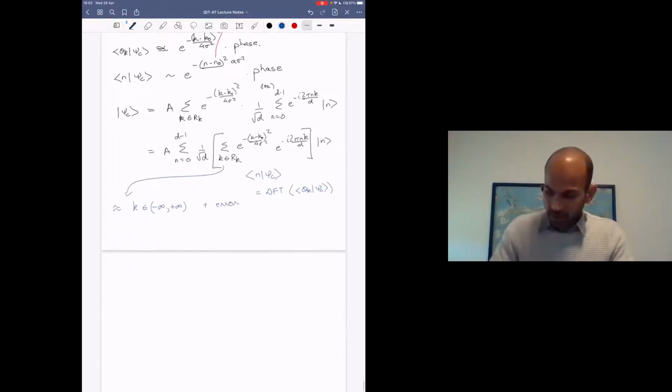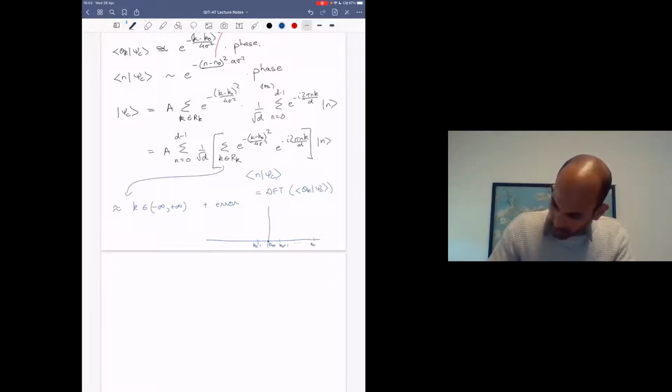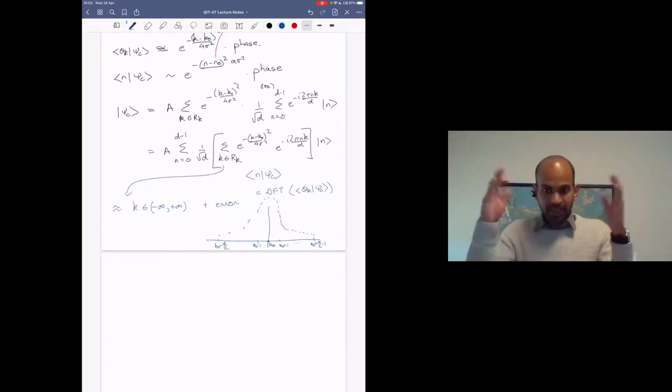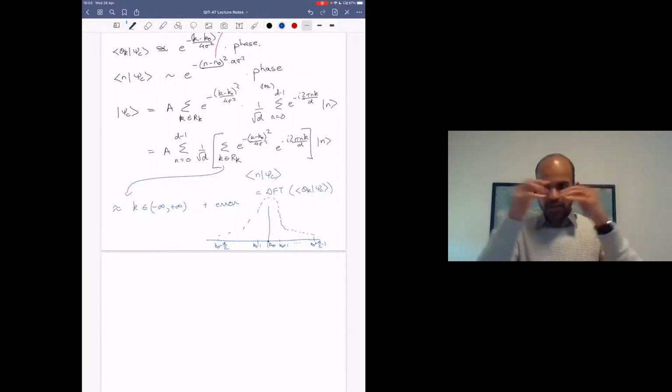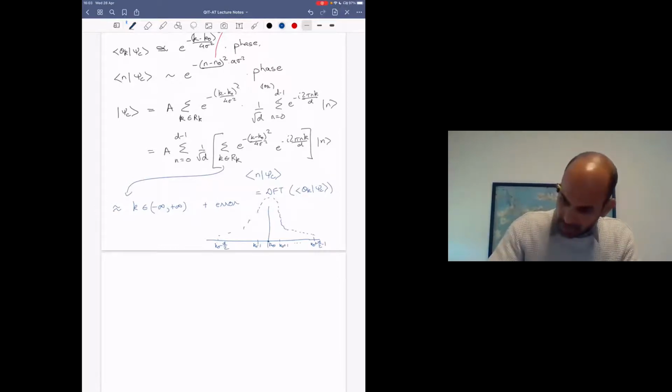And the reason that this error is small is, remember, this is a Gaussian function. So if I were to plot this, with k naught minus 1, k naught plus 1, and so on, up to k naught plus d over 2 minus 1, and the same way here down to k naught minus d over 2, my function is going to be a Gaussian at these points. When I extend this summation from this range all the way to minus infinity to plus infinity, I end up getting the error due to the tails on either side.